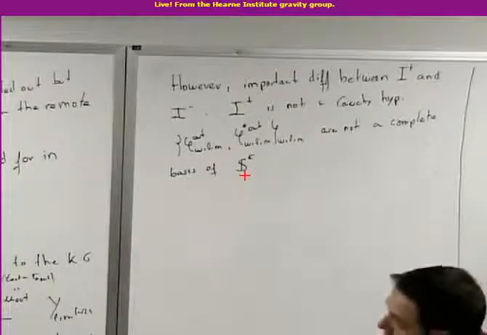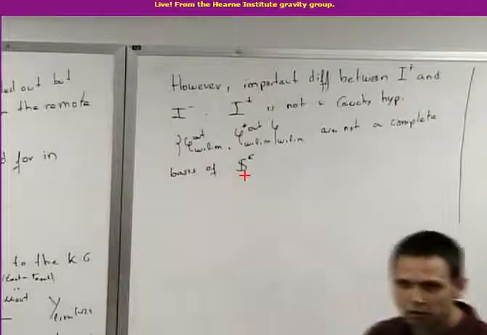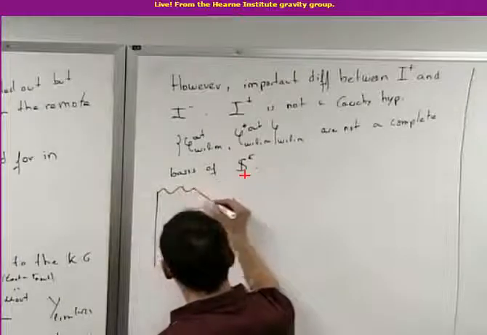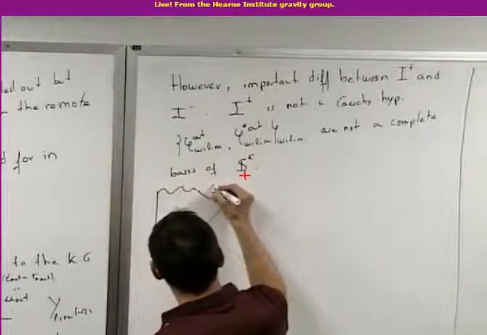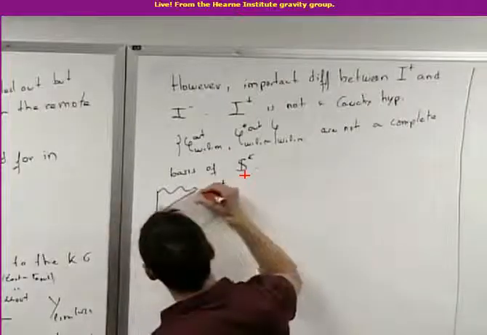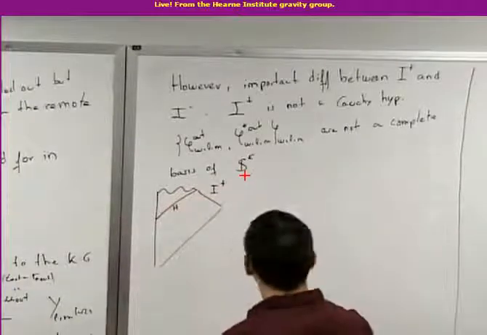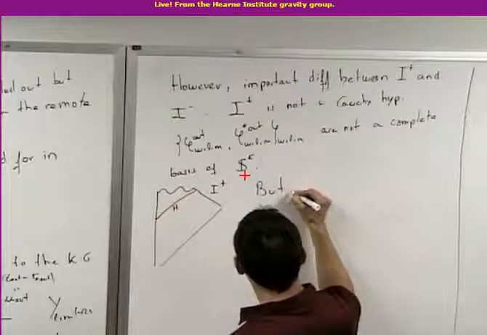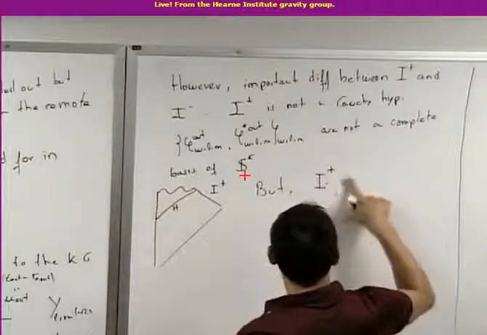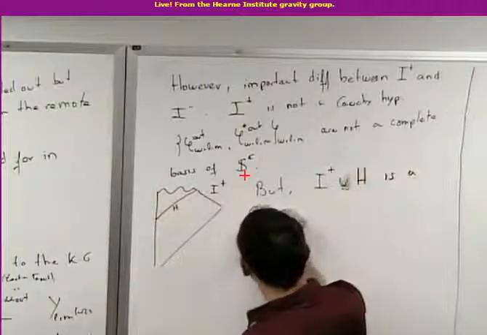But the solution is simple. What can we add to scri plus to have a complete Cauchy hypersurface? If we have scri plus here, it's not a Cauchy hypersurface, but it is quite obvious that if I add the horizon itself, then scri plus union with the horizon is a Cauchy hypersurface.